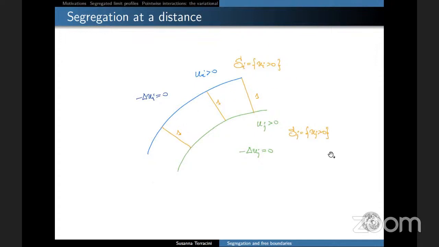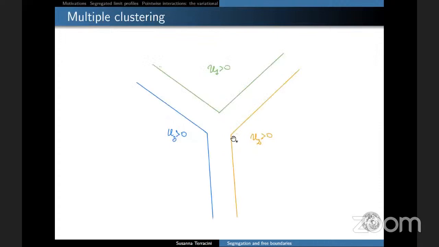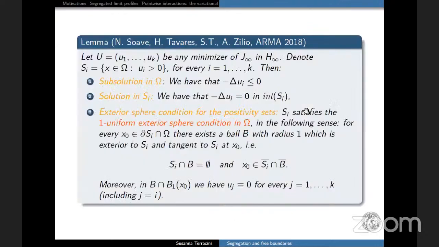We consider the positivity sets of SI, and these have distance exactly 1. Of course, when we have more than 2 components, the situation becomes more complex. But in any case, the distance between the positivity sets must be always at least 1.